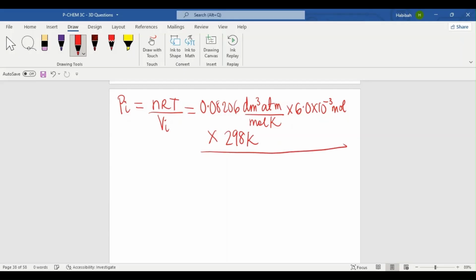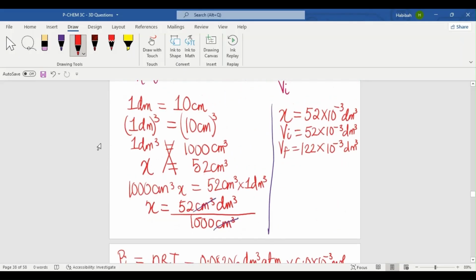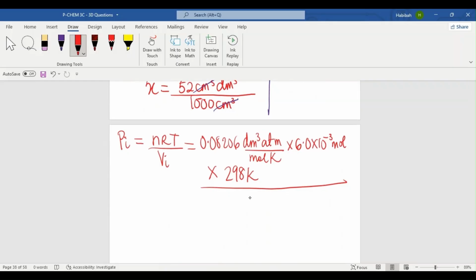divided by the V initial, which we just converted. That would be 52 times 10 raised to the power negative 3 dm cubed. Of course, we cancel out dm cubed, Kelvin, and mole. We have 6.0 times 10 raised to the power negative 3, and we cancel out the 10 raised to the power negative 3.